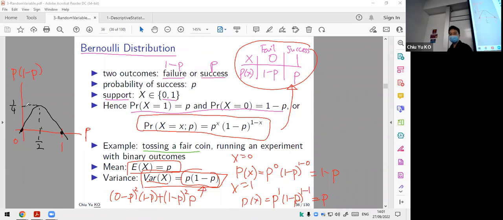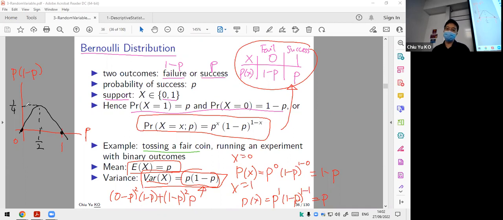Similarly, look at the case where P is close to 1, okay? In that case, a lot of data are 1 with a very small number of 0, okay? The mean will be very close to 1, okay? The variation is also very small, okay? So that explains why when P is close to 0 or close to 1, the variance is very small, right?